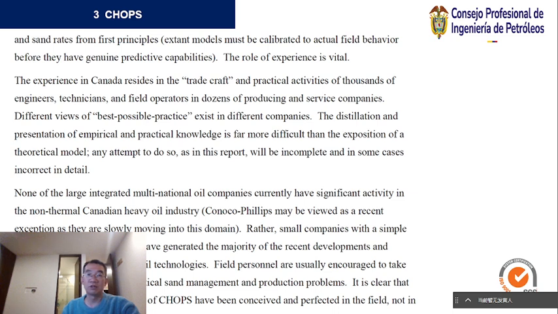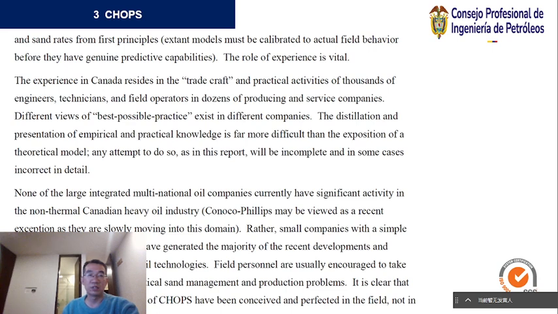The role of experience is vital. The experience in Canada resides in the tradecraft and practical activities of thousands of engineers, technicians, and field operators in dozens of producing and service companies.